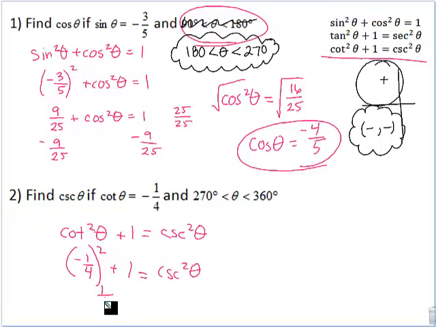Yeah, so now we have 1/16 plus 1 is cosecant squared of theta. 1/16 plus 1 is 1 and 1/16, but we want to write this as an improper fraction so we can easily take the square root of both sides. So what would be 1 and 1/16 as an improper fraction? Yep, 17/16.